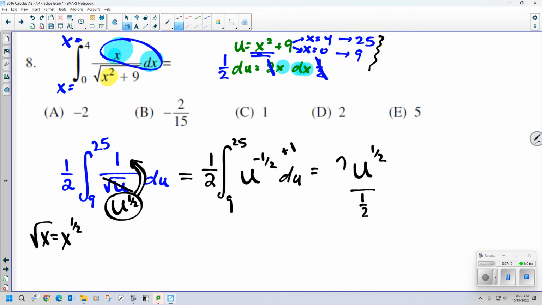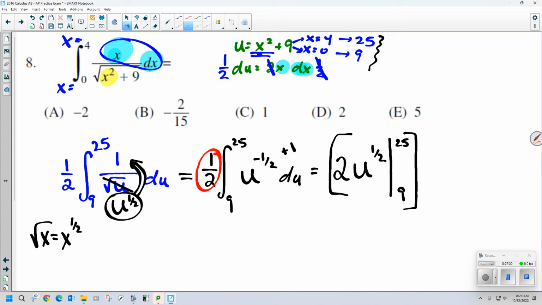So multiply times 2, or 2 over 1, which is 2. Now, I want this from 25 to 9. And, oh, let's not forget, this 1/2 is on the outside. I can't lose that. I still got to multiply it times 1/2.